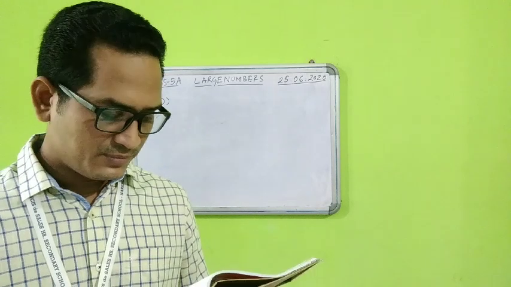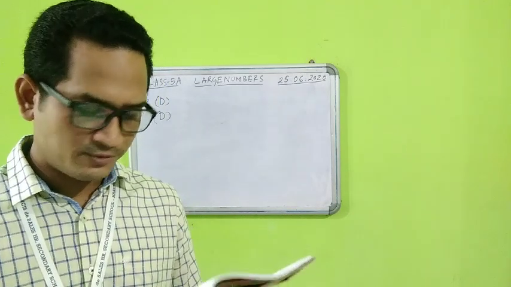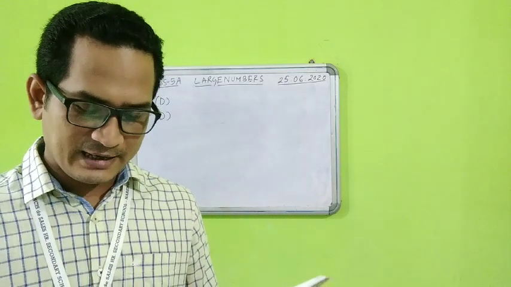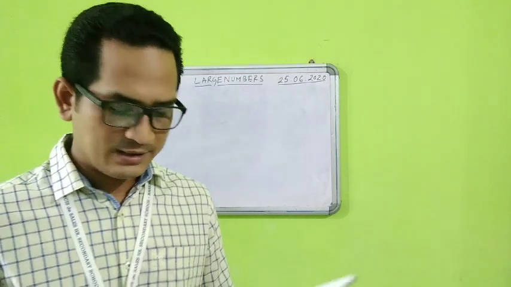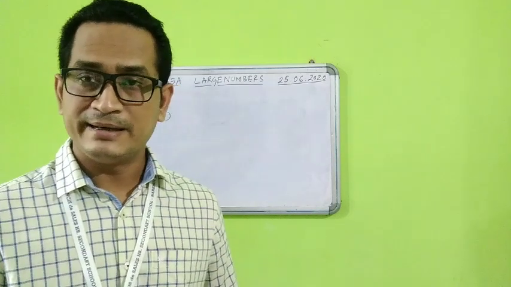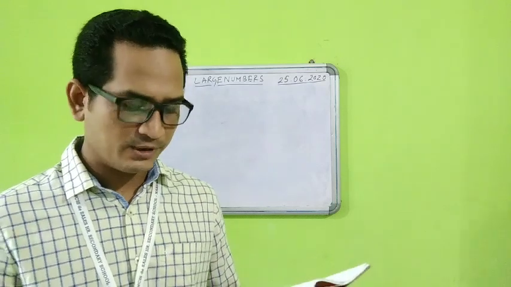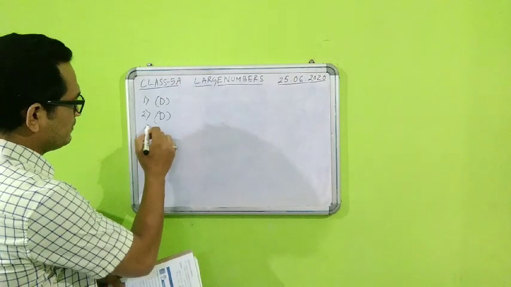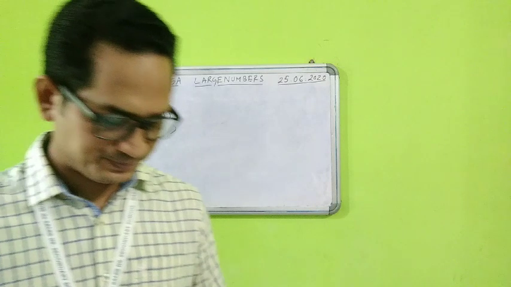Question number 3, the numeral for 10,33,124. Here also, students, if you see option D, that is 10,33,124, if we read it in the Indian system, it will become 10,33,124. So this will be the correct answer. Question number 3 will again be option D.